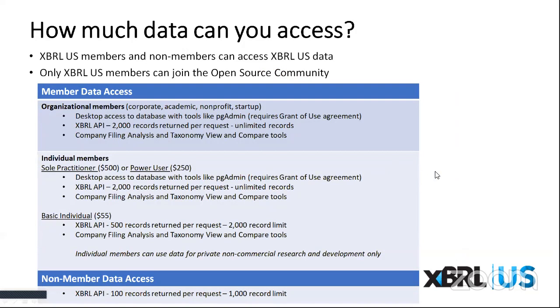And that's really it, except to say that our members have broad access to all of the data that's available inside of the XBRL US database of public filings. We're, of course, interested in working with any corporate member that wants to make that API work with their own database.